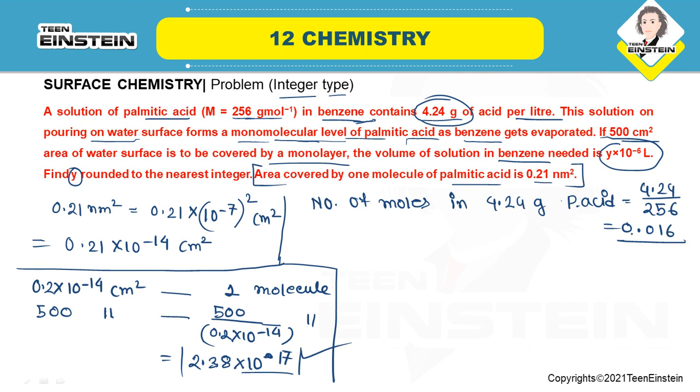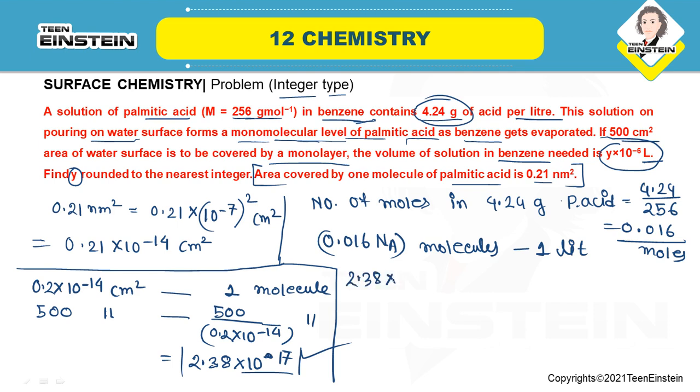So 0.016 is the number of moles, so the number of molecules will be 0.016 into Avogadro number Na present in 1 liter, and we will do the calculation in liter because the answer is in liter.